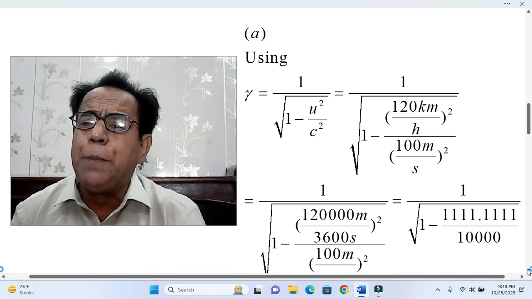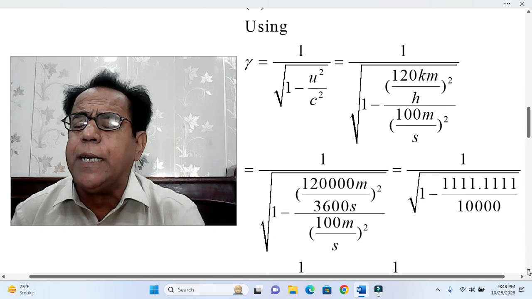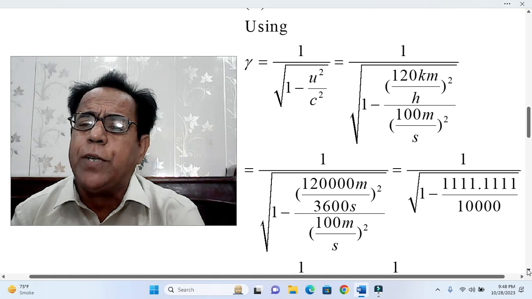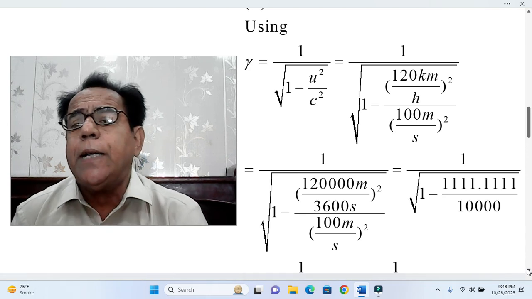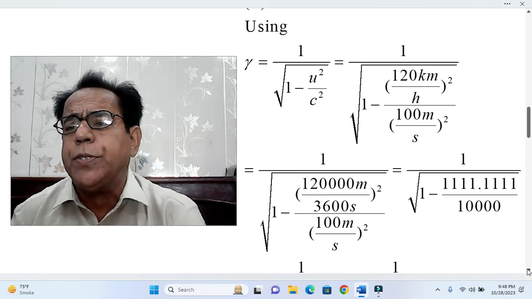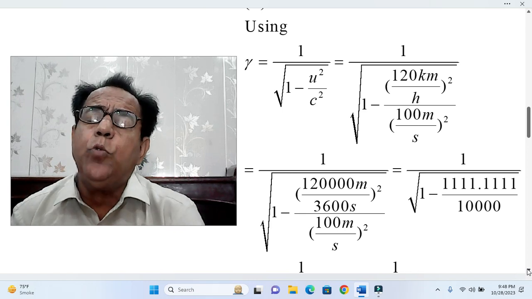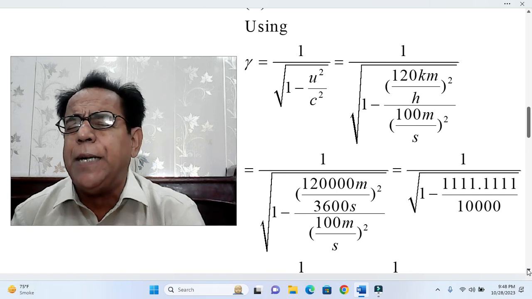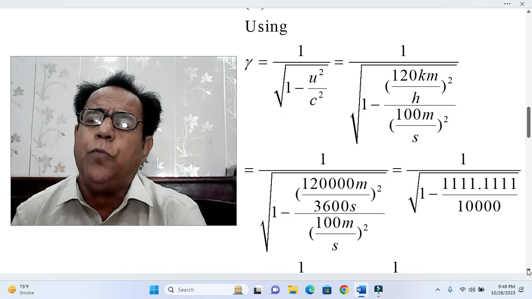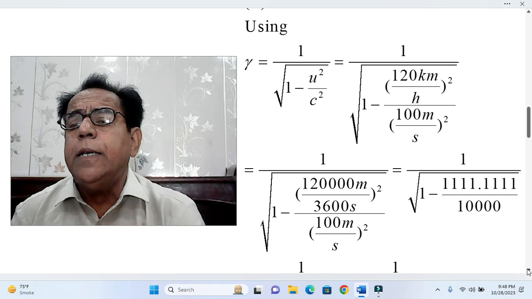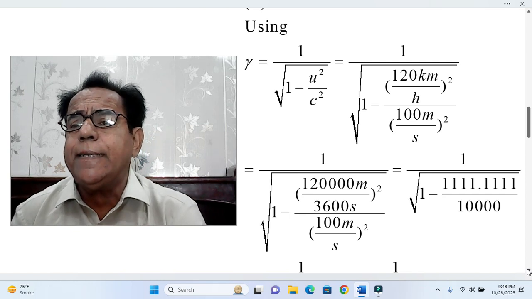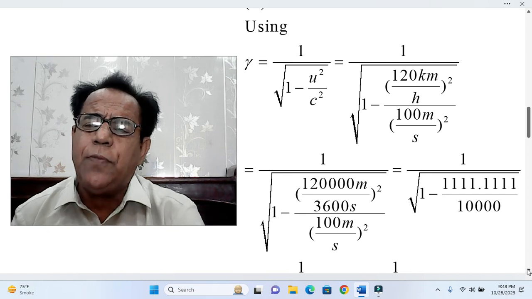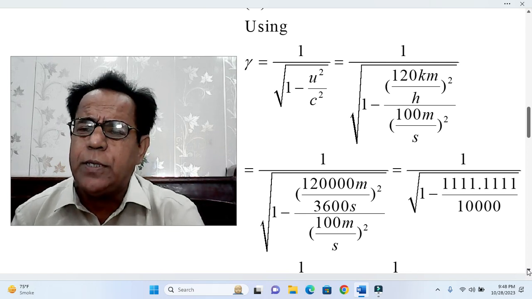In the next step, we are converting kilometers into meters by multiplying 120 with 1000, so it will become 12 with 4 zeros. Moreover, we are going to convert 1 hour into seconds by multiplying 60 by 60, so 1 hour is equal to 3600 seconds, and 120 kilometers is equal to 12,000 meters.